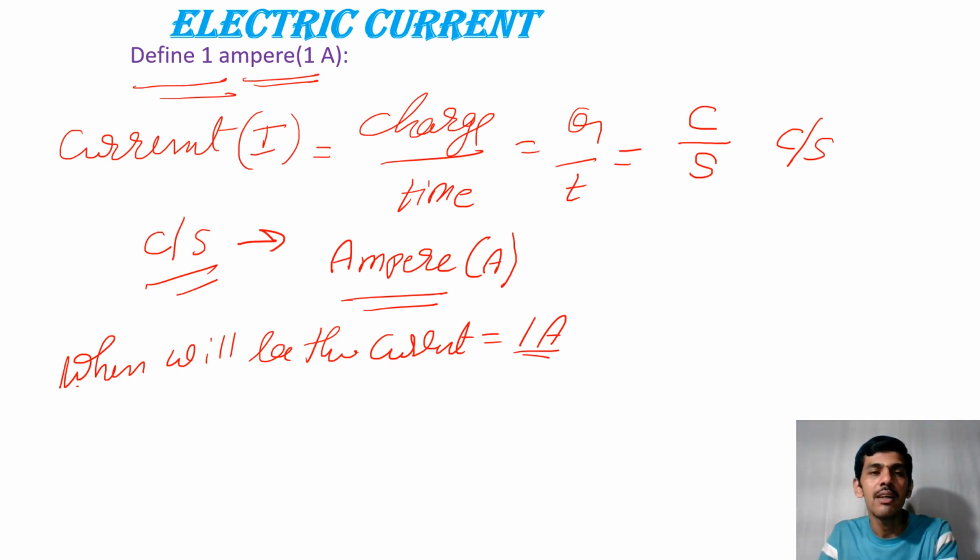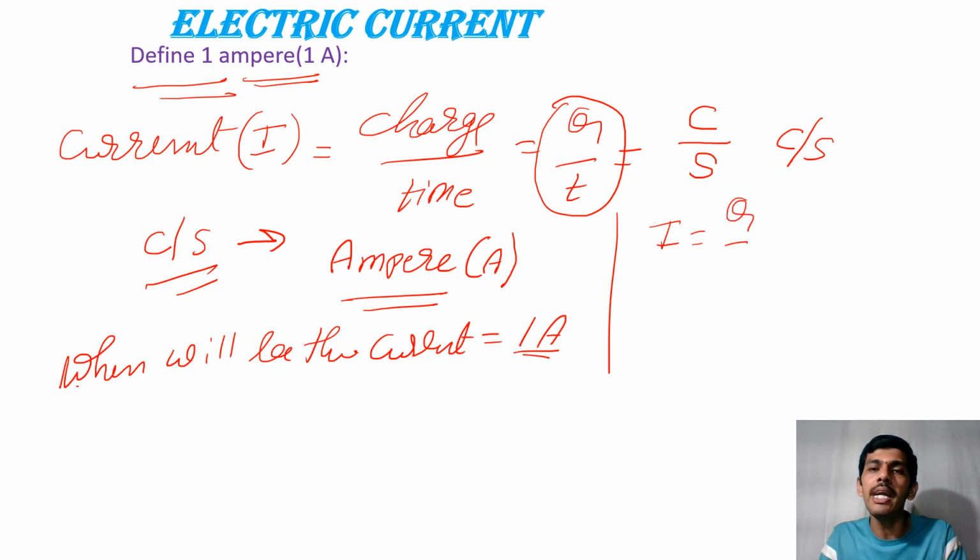Can you define it by looking at this formula? Actually, the definition of 1 ampere hides in this formula. We know that I is equal to Q by T. For I to be 1 ampere, it is possible only when Q is 1 coulomb and the time is 1 second. At that time 1 by 1 is 1, which is equal to 1 ampere.